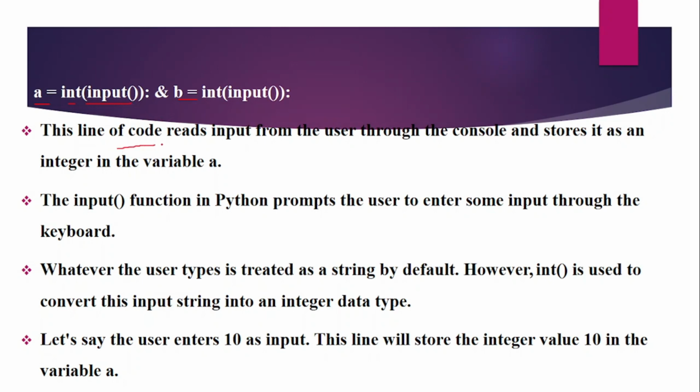So this line of code reads the input from the user, who is us, through the console, and stores the integer in the variable A. These are the two main functions that I wanted to explain. Now we will try to write the program on division.